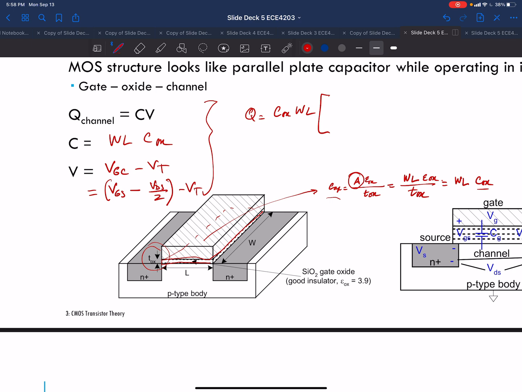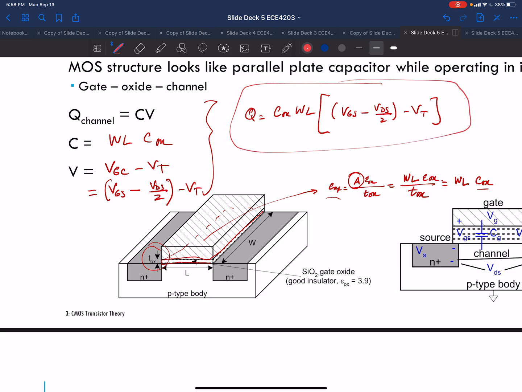So I'm basically going to plug the C into here, and the voltage into here. And the voltage is VGS minus VDS over 2 minus VT. Okay, so that ends up being the charge underneath the channel.